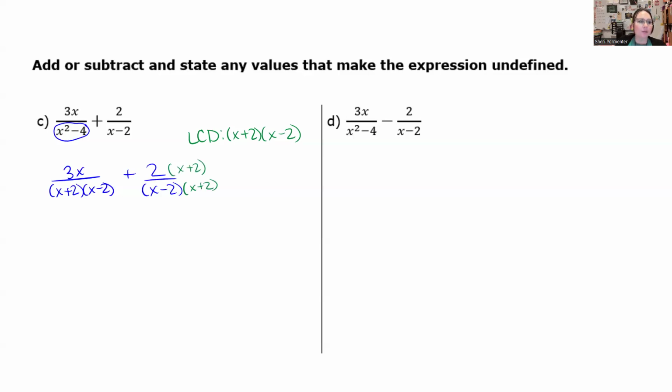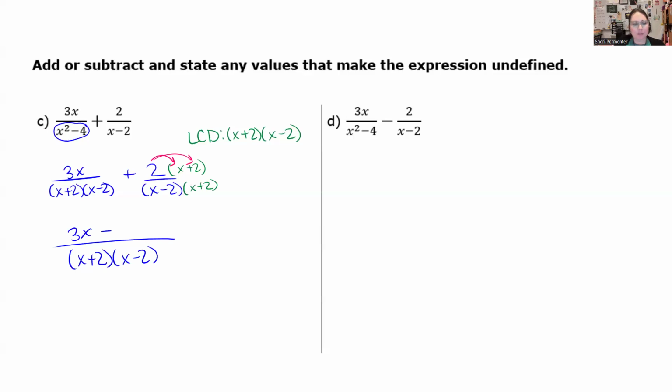When I rewrite this problem, I have to make sure that I distribute in the 2. And then I will rewrite it. So I have my new denominator is going to be X plus 2 and X minus 2.